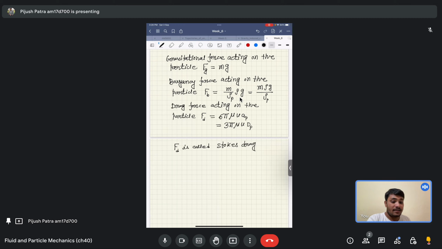That requires a detailed derivation, but here we will simply use the formula. So this is equal to 6 pi mu a u.